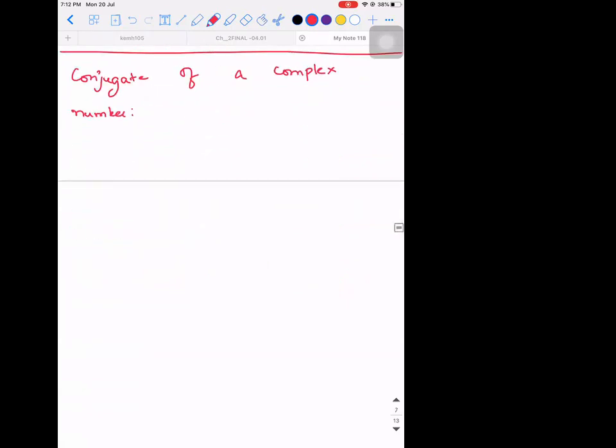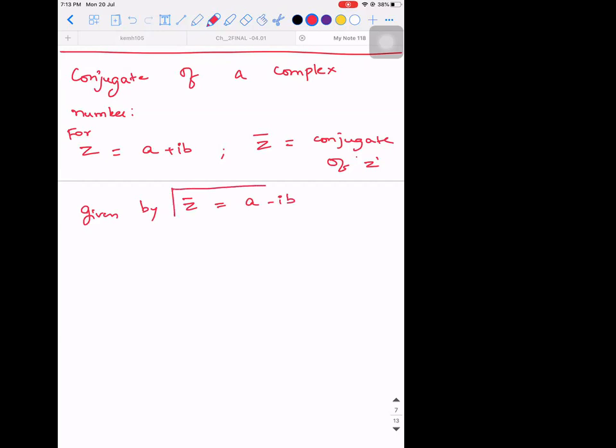If z is equal to a plus ib, z bar is called the conjugate of z, given by z conjugate is equal to a minus ib. To put it in very simple terms, conjugate of a complex number means changing the sign of the imaginary part.